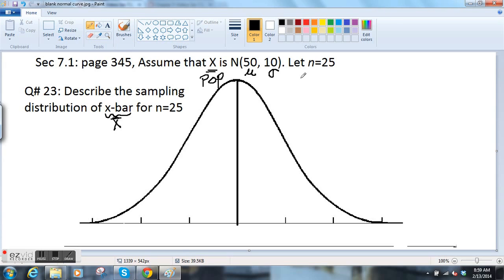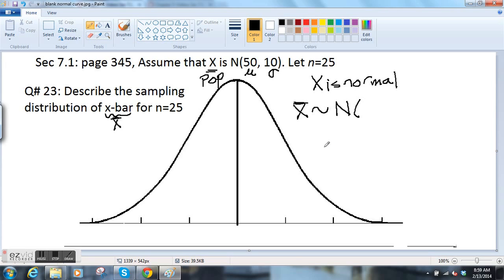According to the rules of this section, if x is normally distributed, which it is, because we were told so, then x bar, the sampling distribution, is also normally distributed.